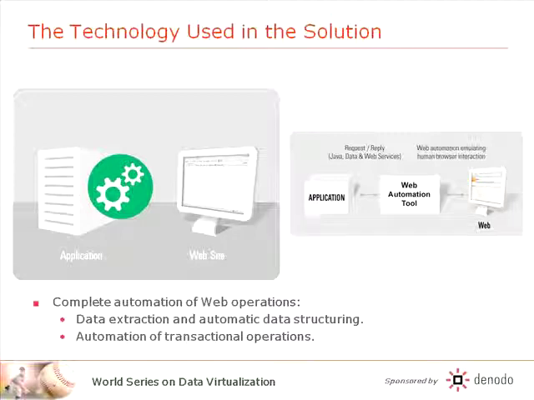So the platform has been used to go to the websites to access the information, to replicate that human behaviour, extract the data and bring it into the organisation. So it essentially gives you a complete way of automating the operation of accessing data from a website, extracting the data, dealing with the structures, and automating the actual processing that you'd normally go through. Again, essentially as if you were emulating the human behaviour.